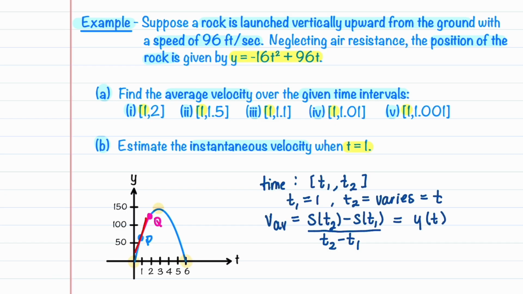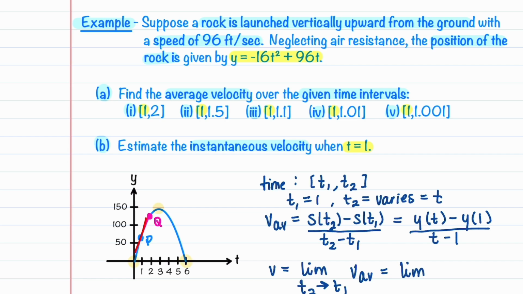So this is y of t minus y of t1, which is 1, all divided by t2, which is t, minus t1, which is 1. Our instantaneous velocity is then going to be the limit from t2 to t1 of our average velocity. So this is just going to be the limit as t goes to 1, making that change in notation, of our average velocity.